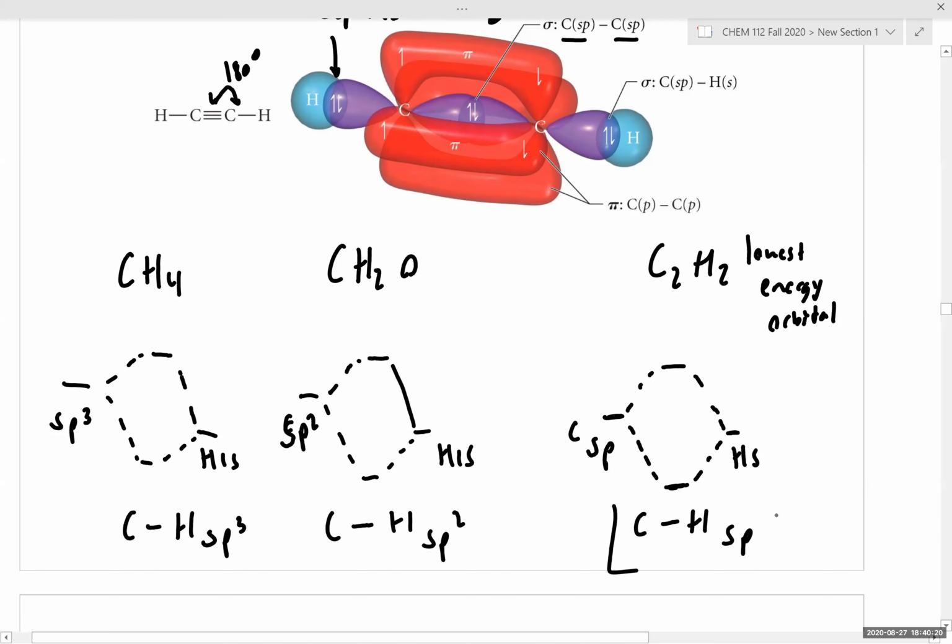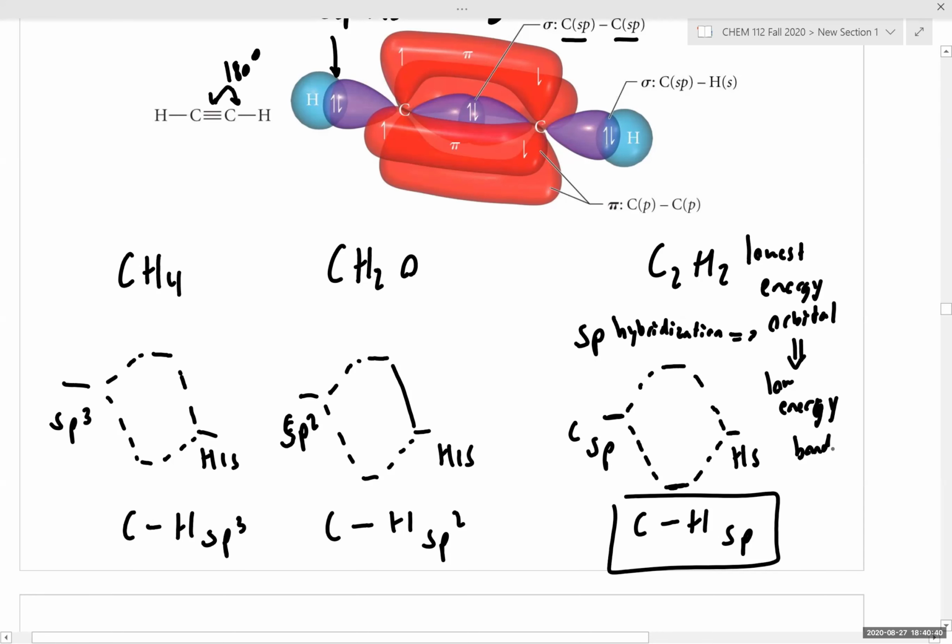sp, exactly right. So in general, sp hybridization leads to a low energy orbital, and as a result, we have low energy bonds.